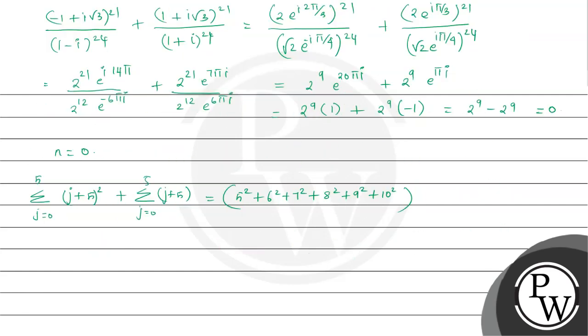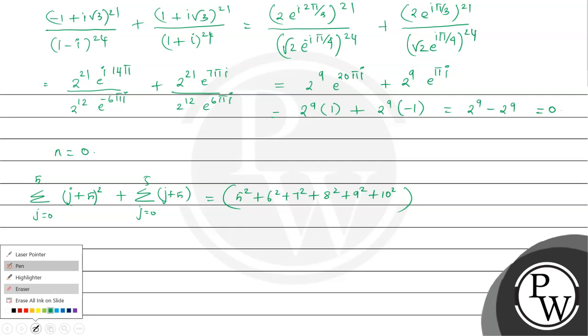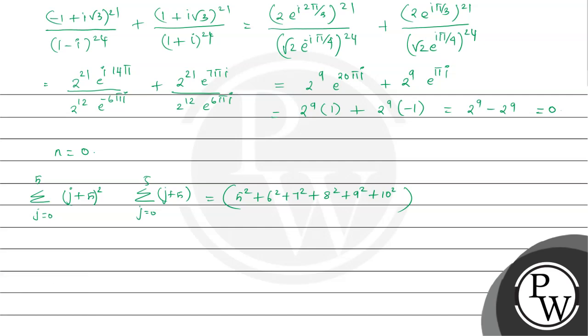Then in the question we have minus (5 + 6 + 7 + 8 + 9 + 10). If we subtract this, we get 355 − 45, which is equal to 310.